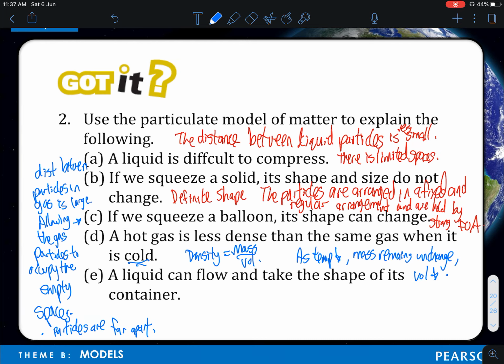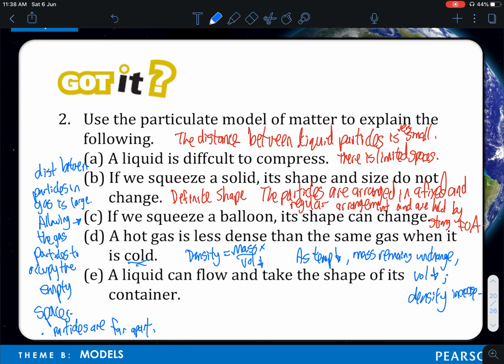Volume will decrease, correct or not? They must be able to explain why volume decreases, like just now how we explained. As volume decreases and mass remains unchanged, this will eventually lead to density increasing.